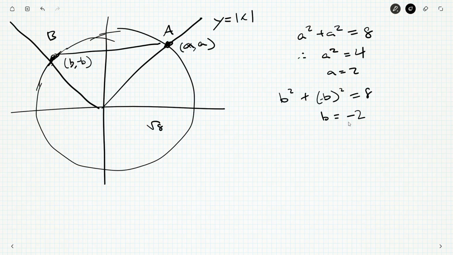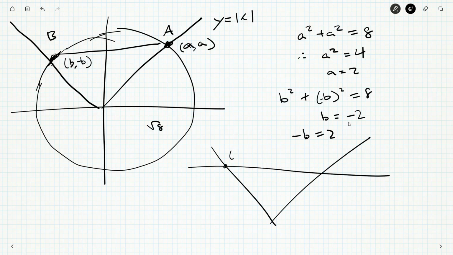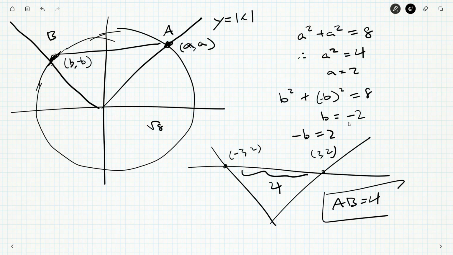So it really just looks like negative 2, 2 and 2, 2. And the difference in the x-coordinates is going to be 4. So AB is 4.